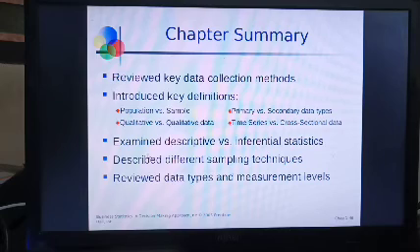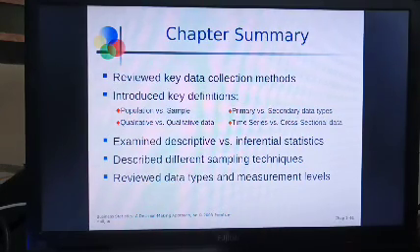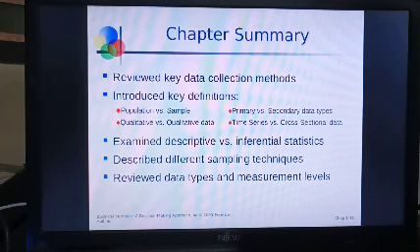We have also examined descriptive versus inferential statistics, and we have described different sampling techniques: simple random sampling, stratified sampling, systematic sampling, and cluster sampling. The last 3 use the first one, the simple random sampling. Then we have reviewed data types and levels of measurement.